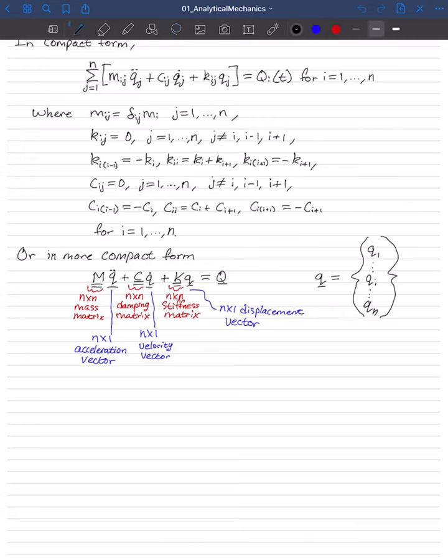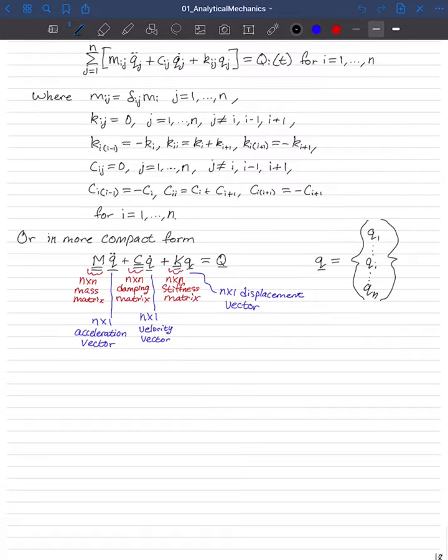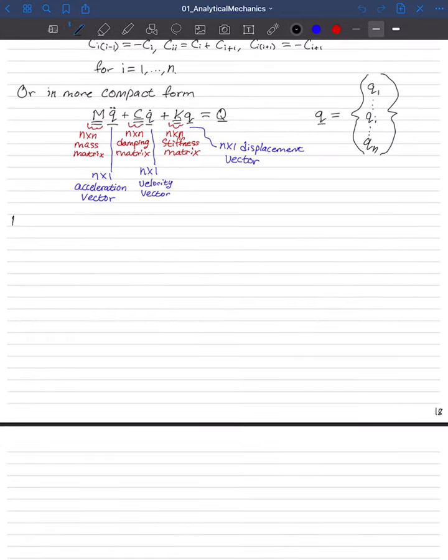I want to make a couple of notes. One note in specific here. Note that M transpose is equal to M. That means it's symmetric. Same with the stiffness matrix, as well as the damping matrix. In this case, they are all symmetric.